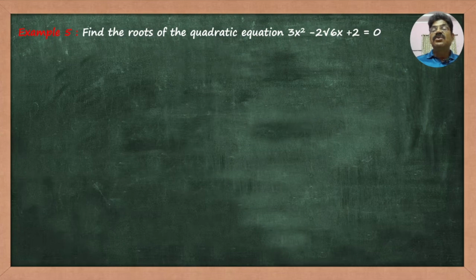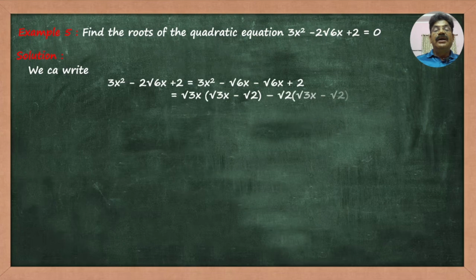So -2√6 can be written as -√6 plus -√6. So the given expression can be written as 3x² - 2√6x + 2 = 3x² - √6x - √6x + 2.